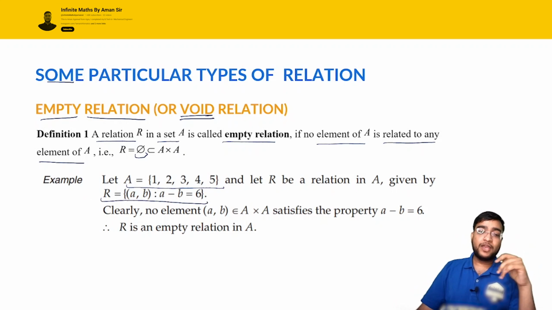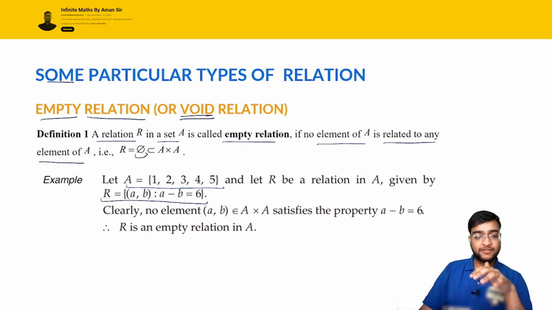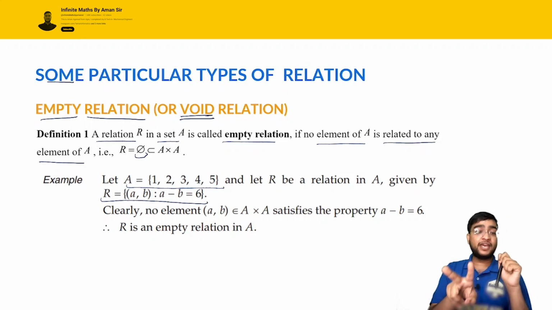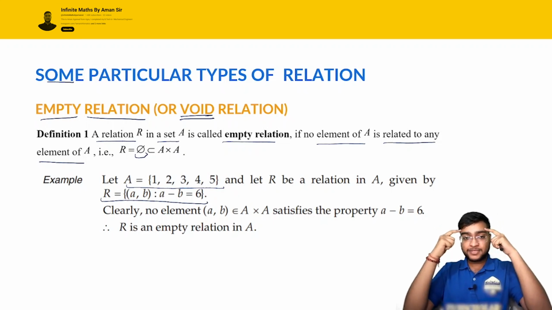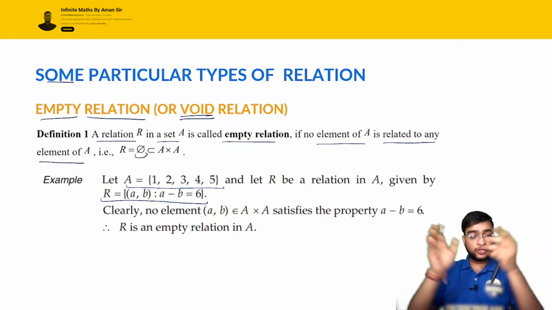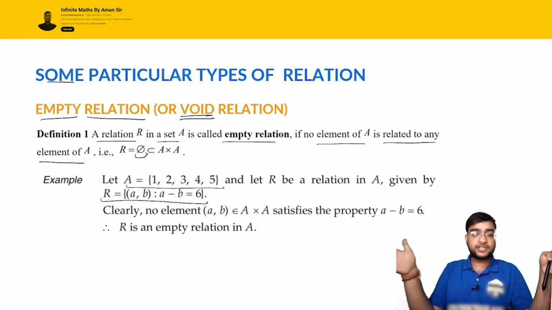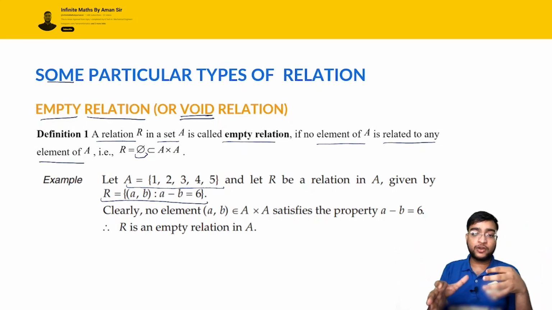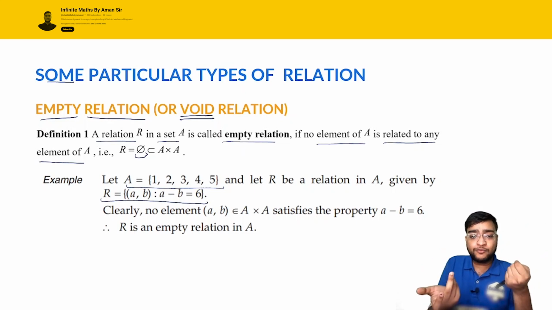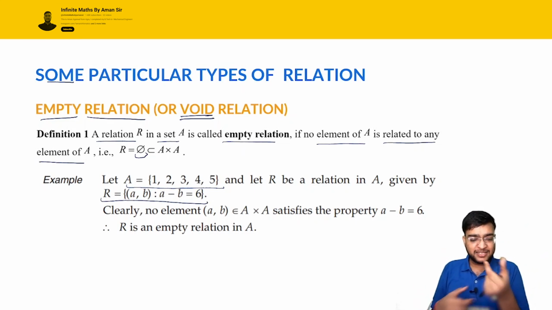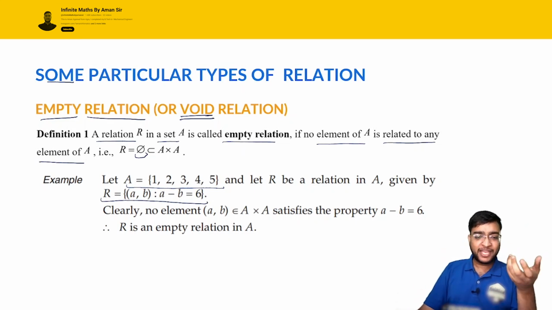So if I try to find whole things, is there any pair in your A cross A where the difference is 6? No need to write all the A cross A pairs, that is the foolish thing. What you have to do is take the pairs and check whether the difference is 6.